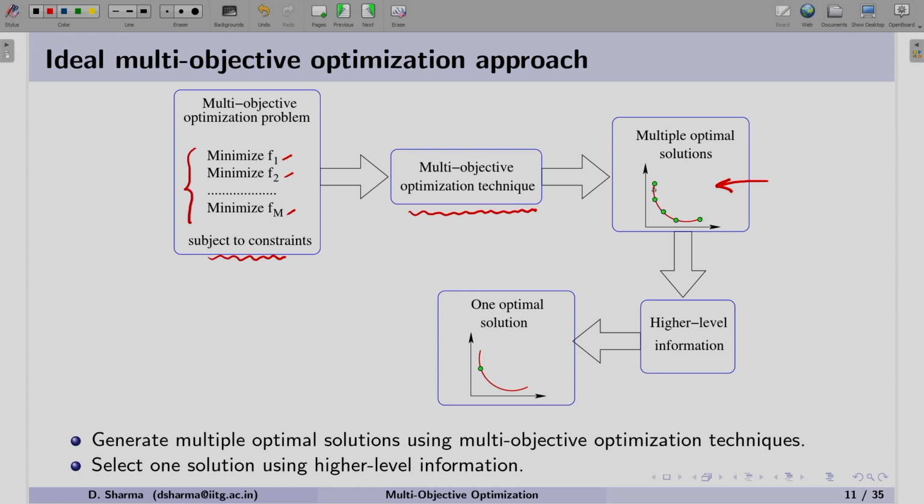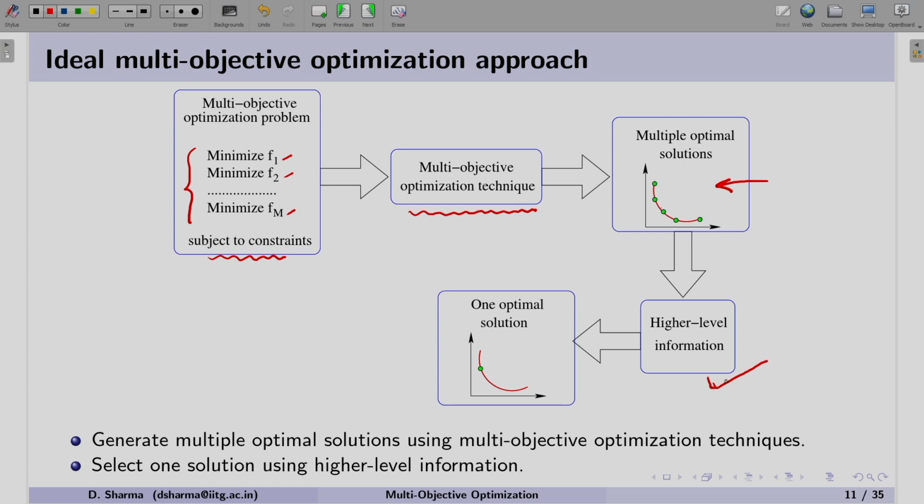These multiple solutions will help us to understand what the Pareto front could be. Now, once we have generated these multiple solutions on the Pareto optimal set, we can use the higher level information as we have discussed.